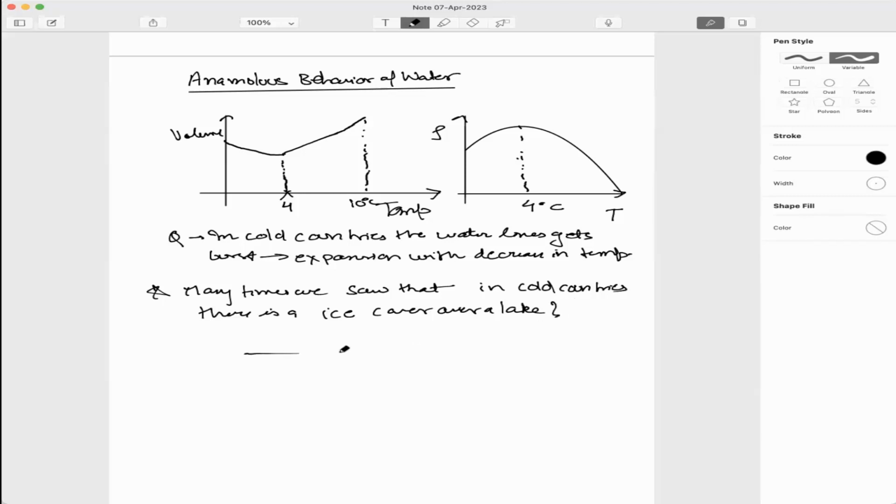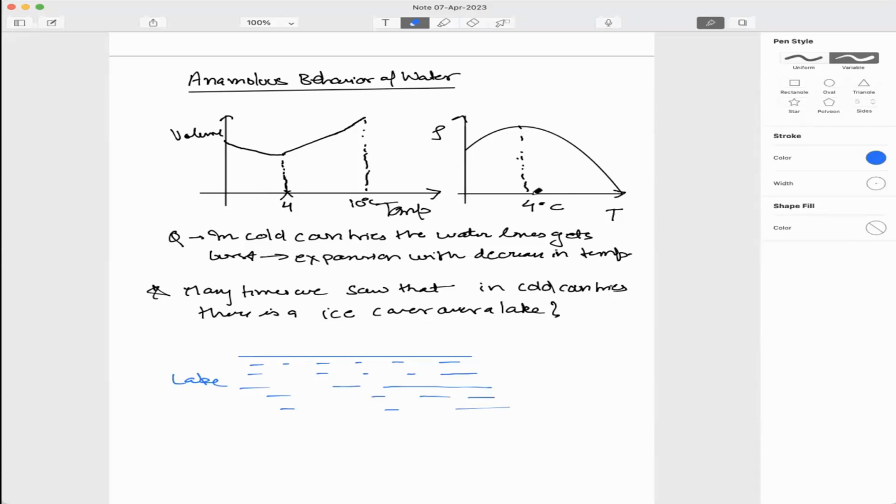So let's say this is a lake, with many fishes inside this.